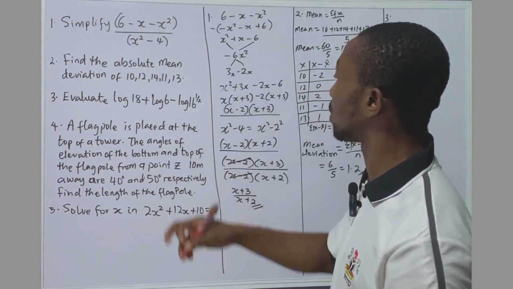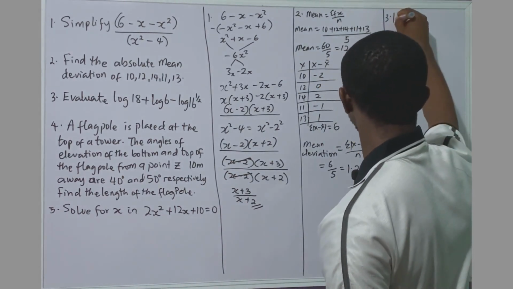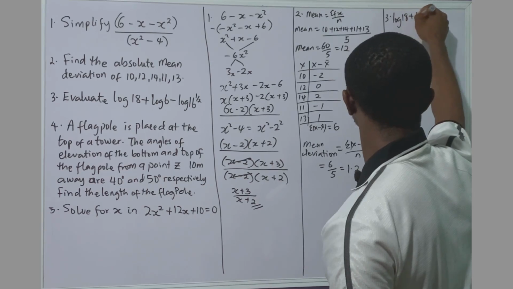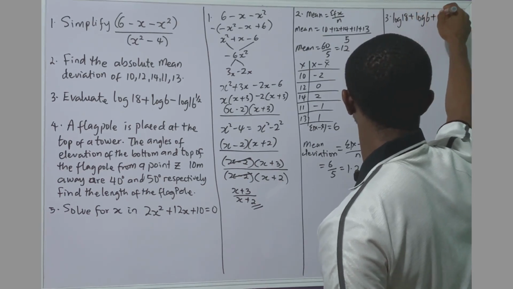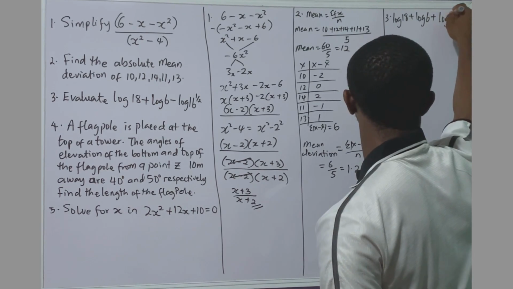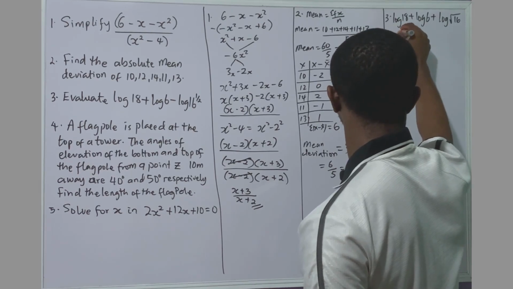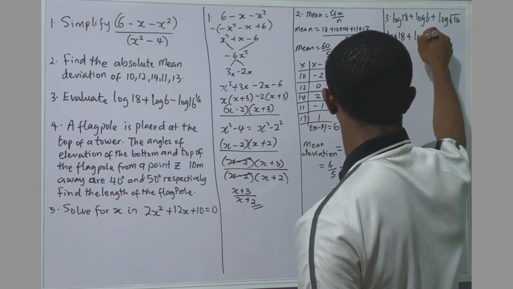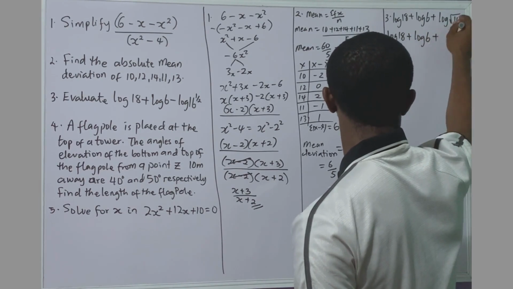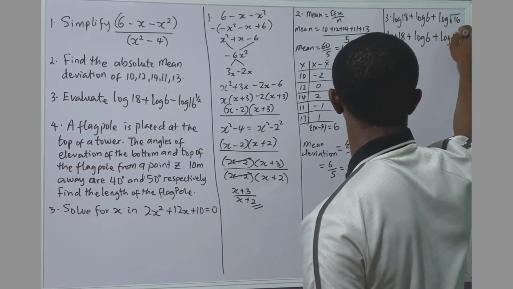So we can break this down to log 18 plus log 6 minus log of the square root of 16. The square root of 16 is 4, so this becomes log 18 plus log 6 minus log 4.